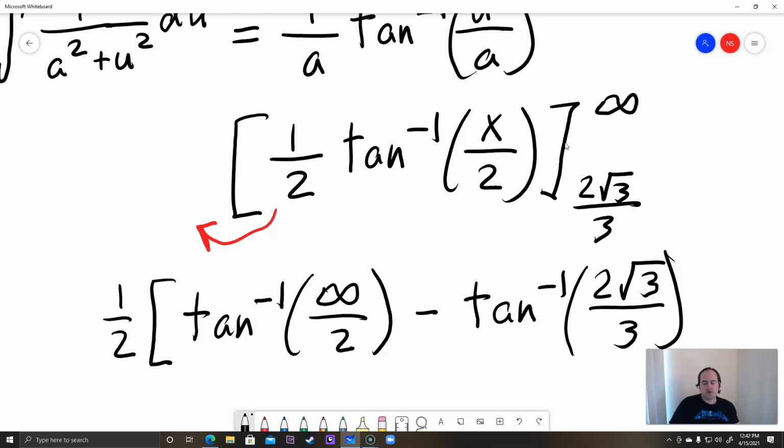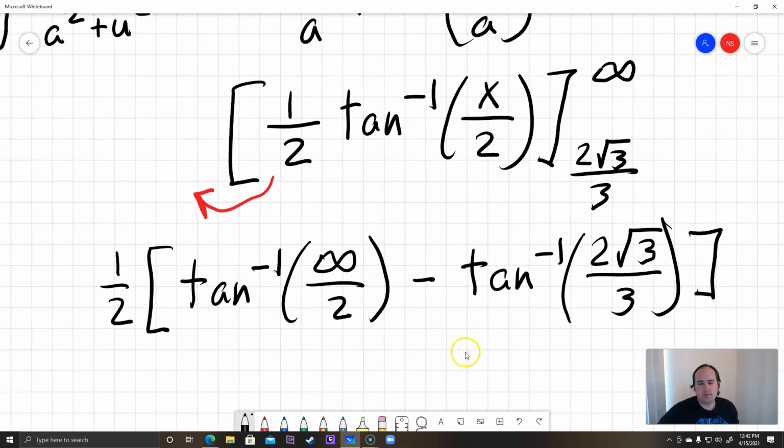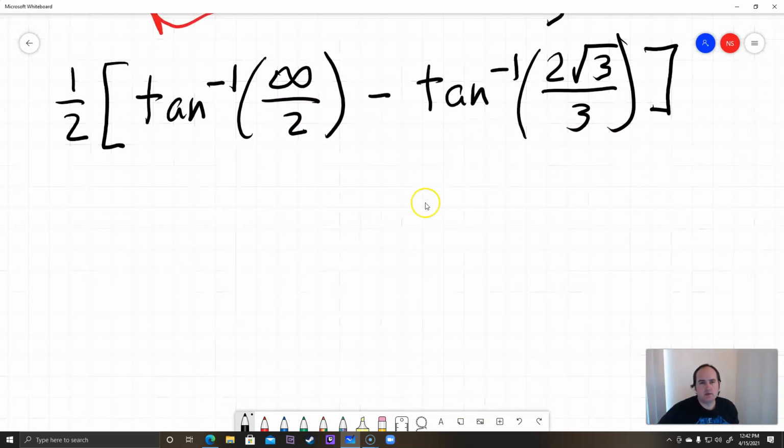The thing is, you're not really supposed to write tan inverse of infinity over 2. So let me write that down for your notes.